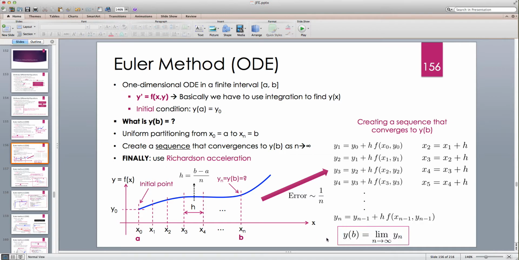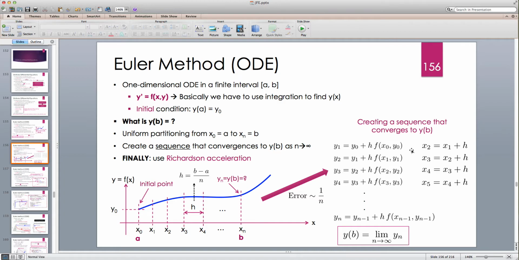And the way we create this sequence, yn, is by basically discretizing the interval between a and b into n sub-intervals. And we always go for uniform partitioning in this case, because non-uniform partitioning or quadrature partitioning has more complicated equations. So we just prefer to do uniform partitioning, all right?